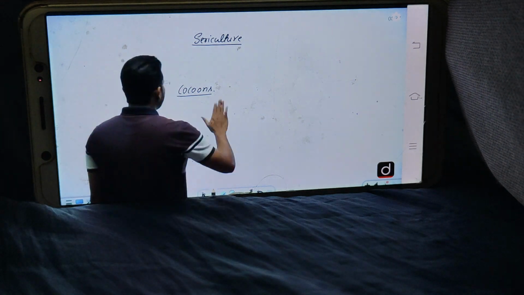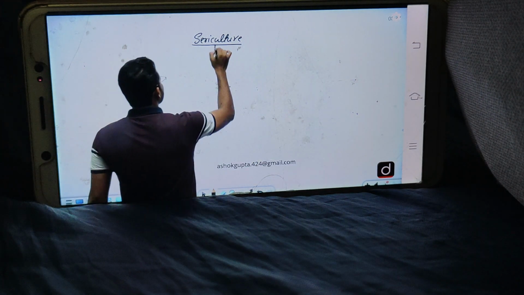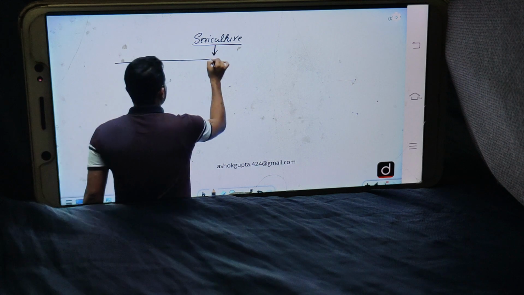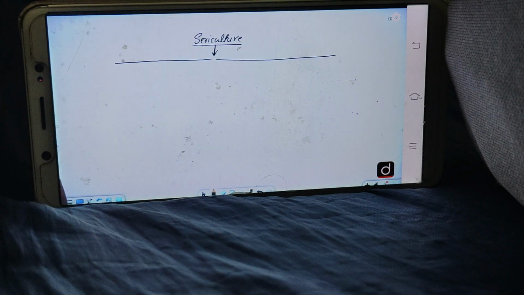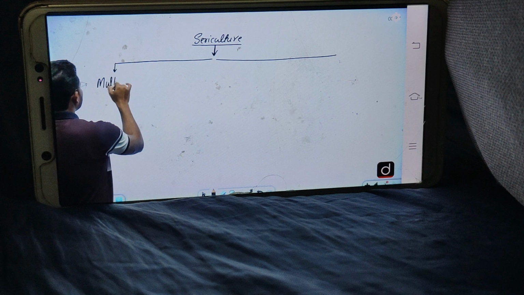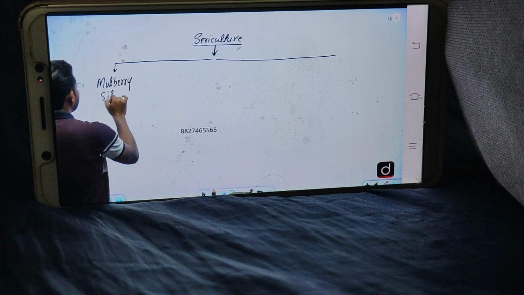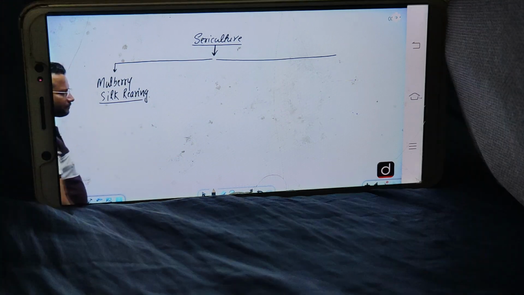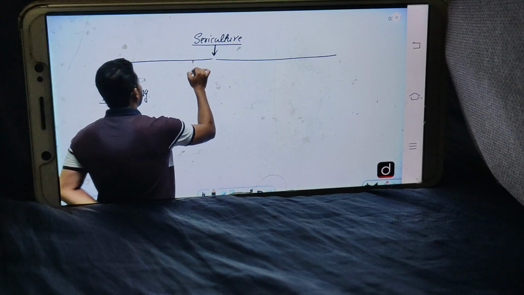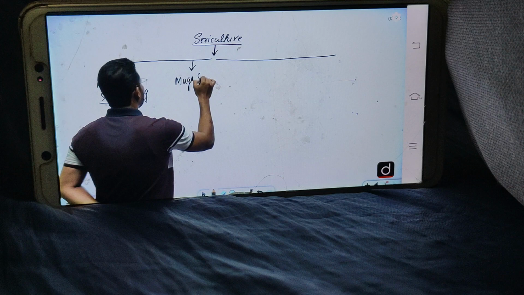Now, after understanding the meaning of sericulture, let's talk about the types. The first one, which is the most prevalent one, is mulberry silk rearing. The second one is Muga silk rearing.